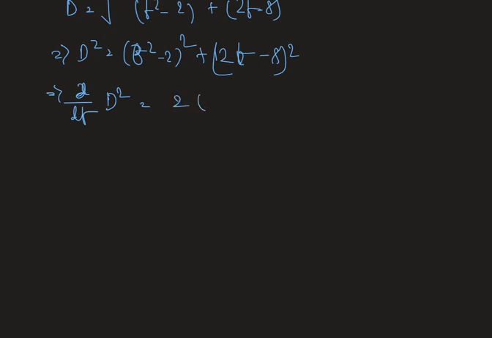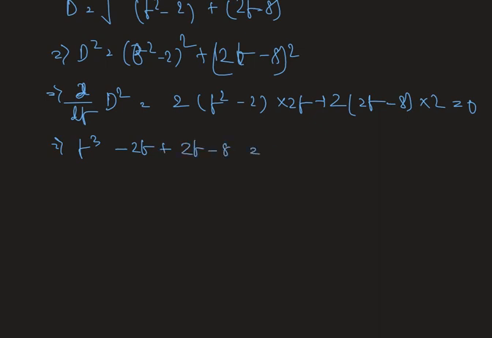Therefore, we get 2(t square minus 2) multiplied by 2t plus 2(2t minus 8) multiplied by 2 equals 0. Therefore, t cube minus 2t plus 2t minus 8 equals 0. This results in t cube equals 8. Therefore, t equals 2.